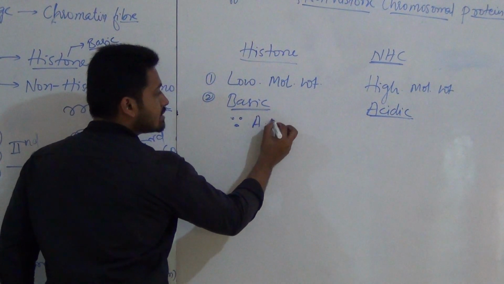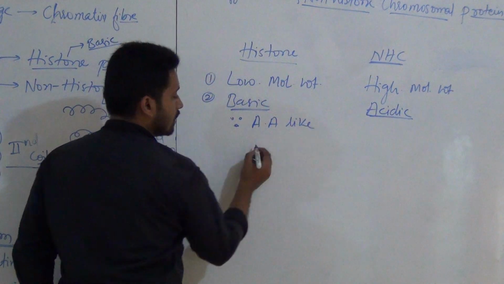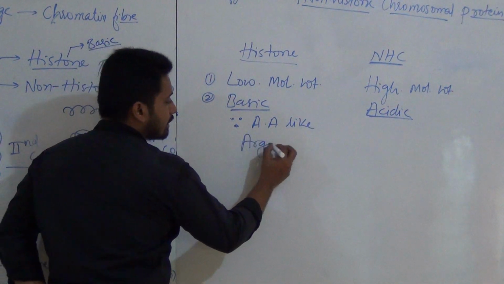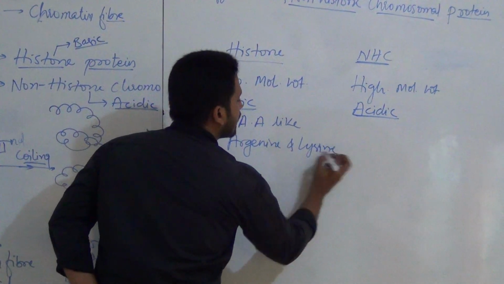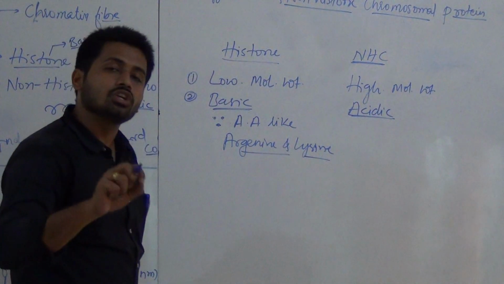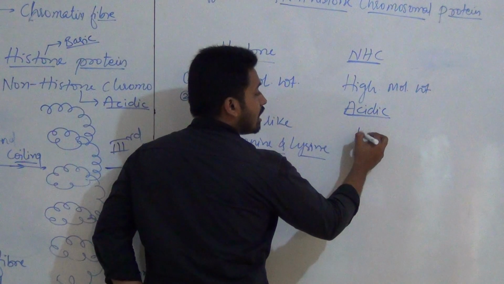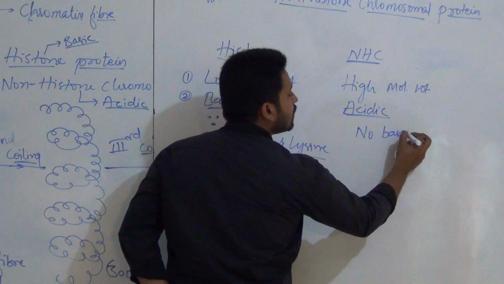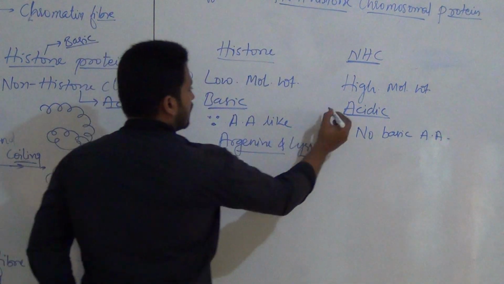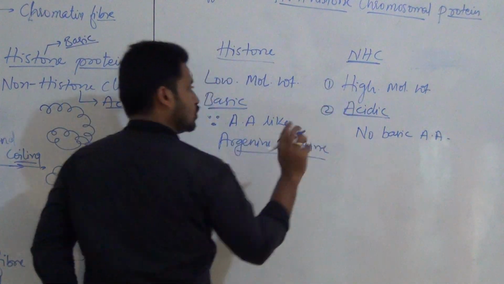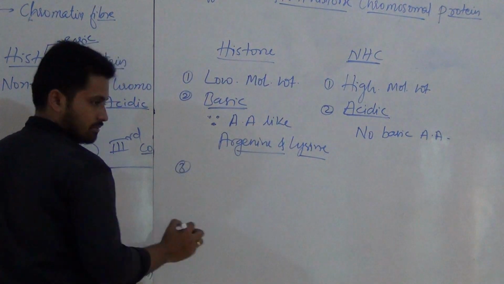Amino acids like arginine, lysine, and extra you can write histidine. Here there are no basic amino acids. Okay, this is the second difference. Two differences in each.